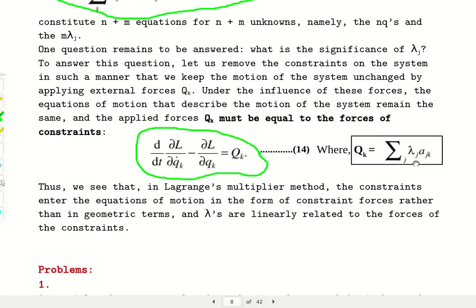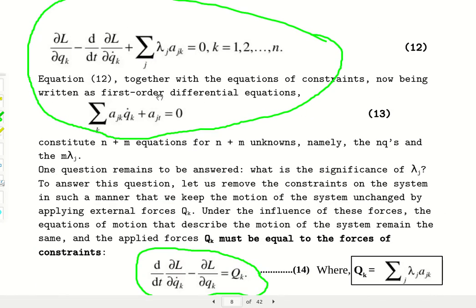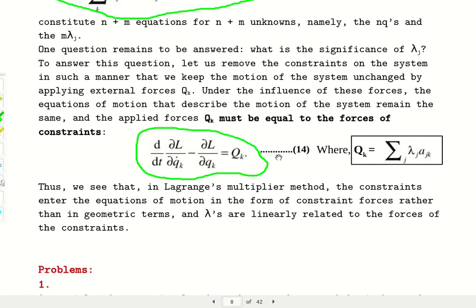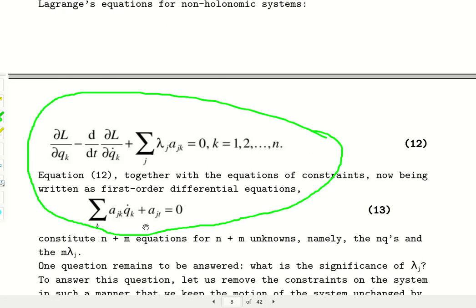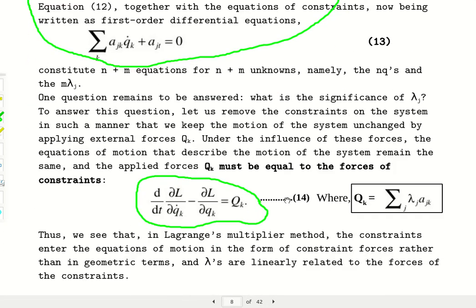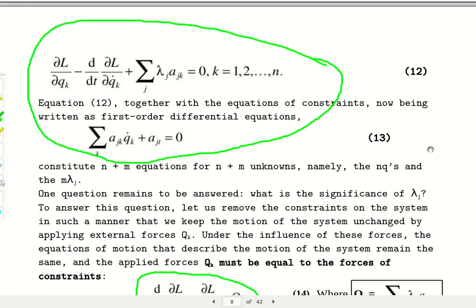See a_jk, here a_jk into dq_k or q_k dot, whatever. So a_jk is written there as del f del q_k. It is written previously that a_jk can be written as del f del q_k also.